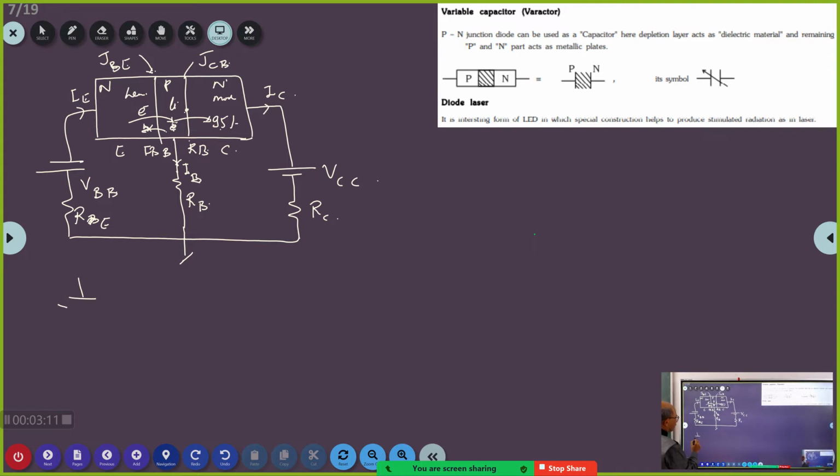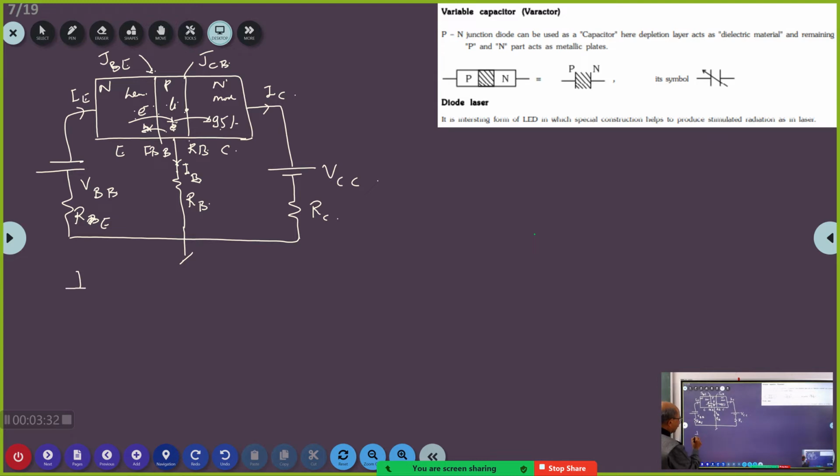I will draw this one RE like this, and then I am going to draw this junction as a diode. I suppose you are understanding. This NP, I am drawing it as a diode. Of course, I should draw it reversed, right?